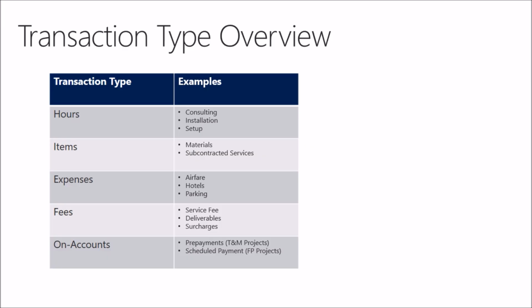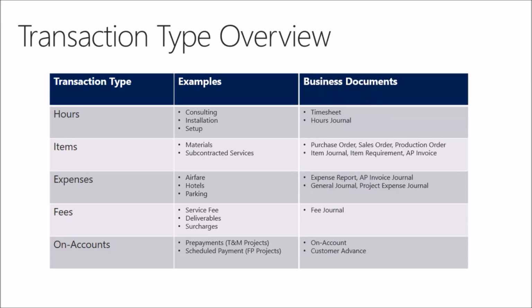So I know I've said a couple times already that transaction types are really business document groupings, and this is the way that I look at it in AX: when I'm posting through a specific business document or journal, here's the transaction type that I'm hitting or using. So if we look at hours, we can see that we have timesheets and hours journals. Those are the ways that you can use the hour transaction type.